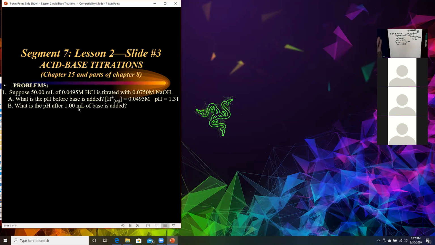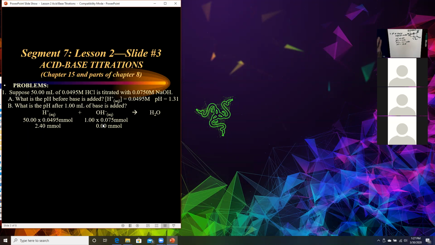What's the pH after a milliliter of the base has been added? Well, this is the reaction taking place. You've got 50 milliliters of 0.049 molar of this, and you had 1 milliliter of 0.075 molar of this. The base is going to be used up because I've got 2.40 millimoles of acid, and I'm putting in only 0.075 millimoles of base.